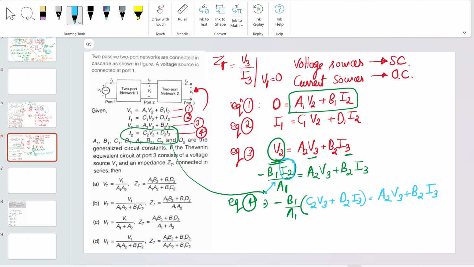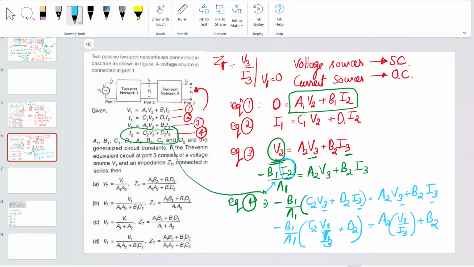Now each term is in terms of V3 and I3. Dividing by I3 on all sides, you will get minus B1 by A1 times C2 V3 by I3 plus D2 equal to A2 V3 by I3 plus B2.